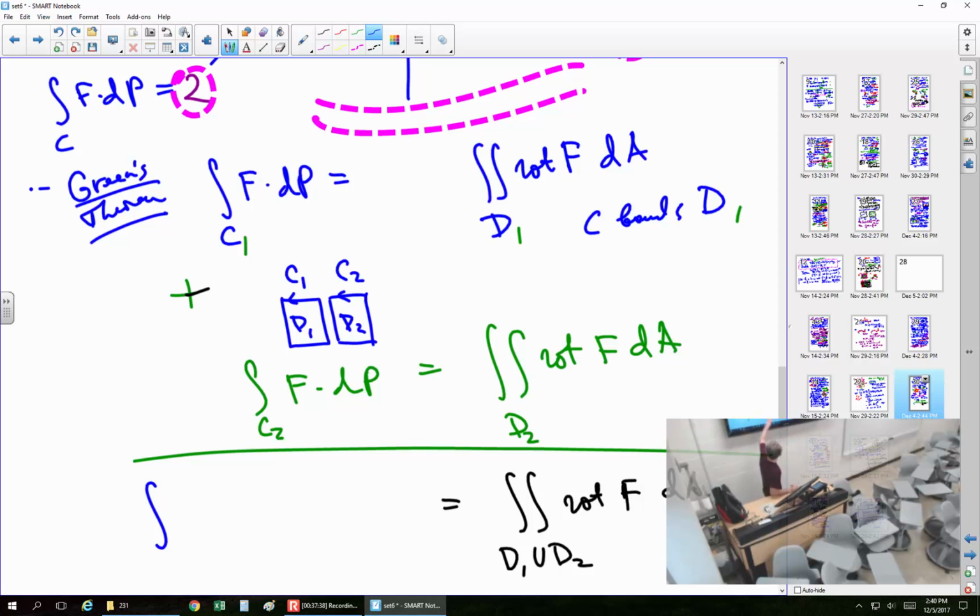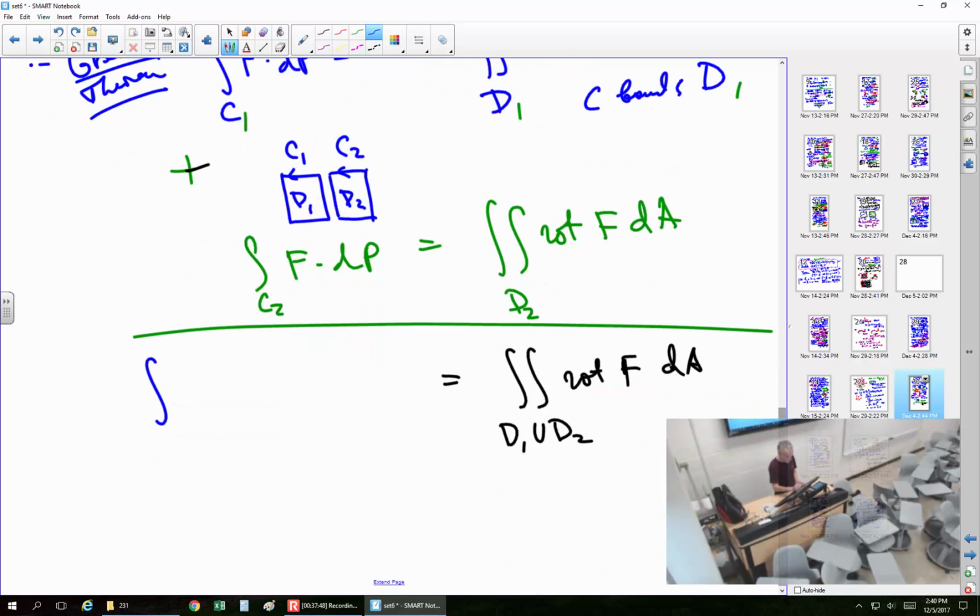So once again, C1 is this one, C2 is that one, and I put these two together, and once again, some kind of additivity kicks in, so it will be as if the integral over C1 union C2. So that's fine. The additivity applies to both double integral and line integral, so I'm using additivity twice.